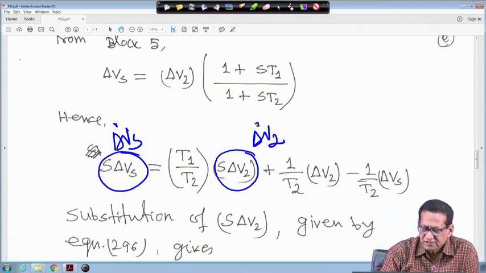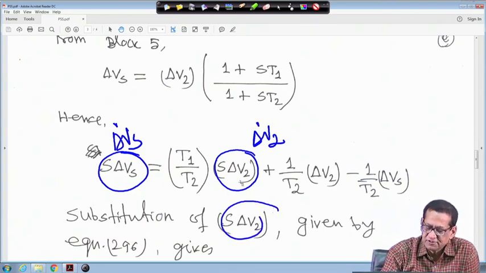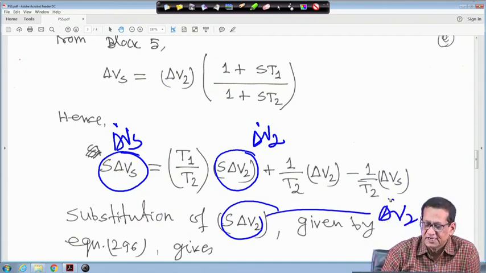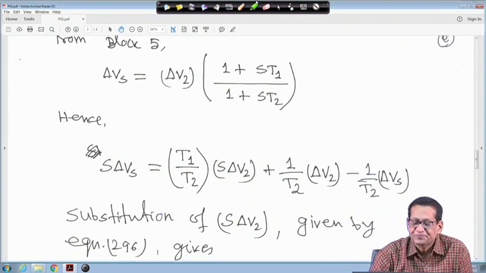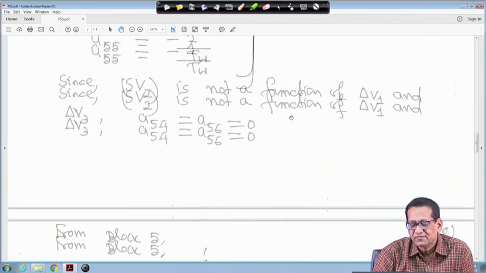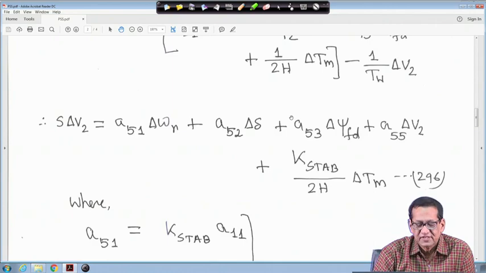So, from equation 296 you substitute here delta V2 dot, because this is delta V2 dot, right.